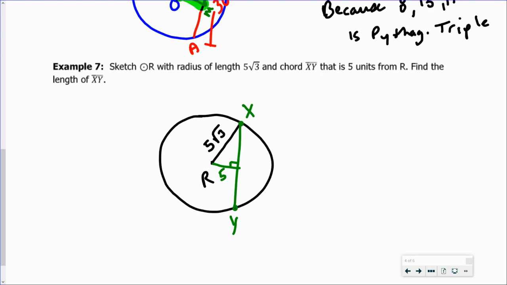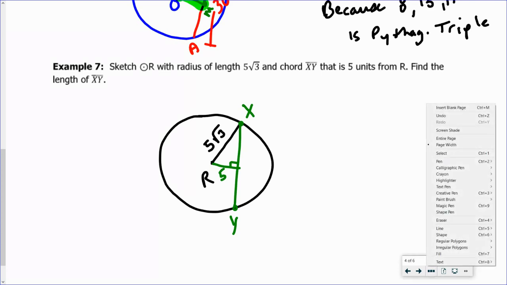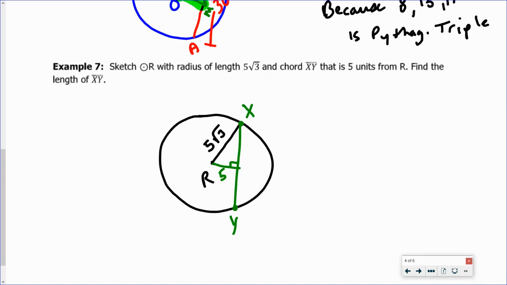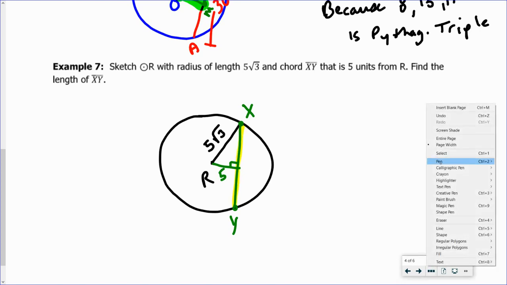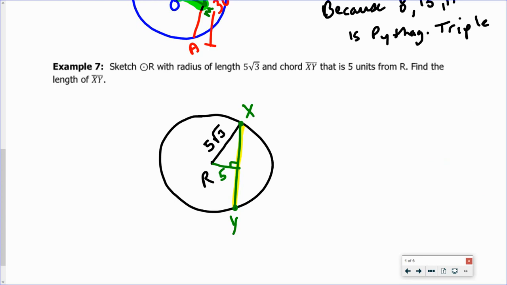So now what we need to do is find the length of that chord. So I'm going to highlight that in yellow. So we want to find XY. All right, now in order to do that, what I'm going to do is find the distance between X and this point here. I'm just going to call it M. And the way that I'm going to do that is to apply the Pythagorean theorem.